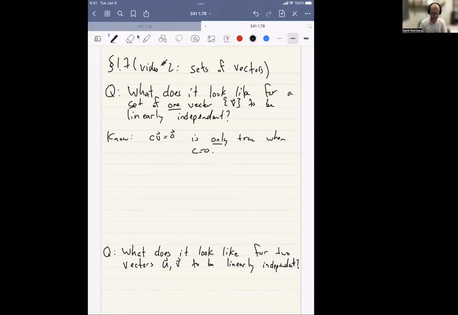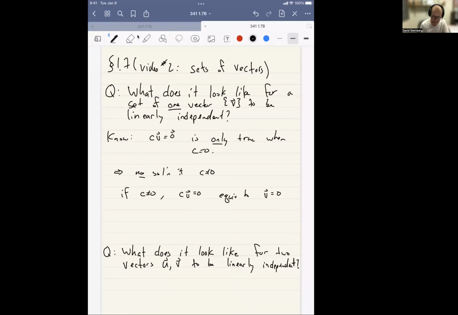Okay, so that means that there's no solution if c is non-zero. So if c is non-zero, then our equation is equivalent to v being equal to exactly the zero vector.